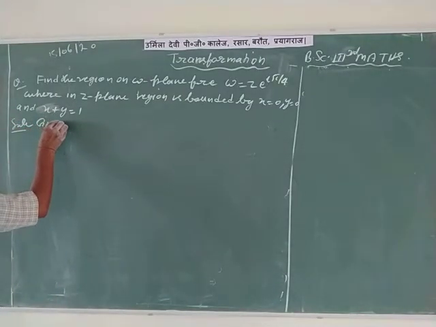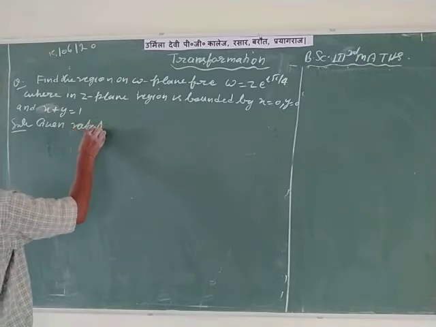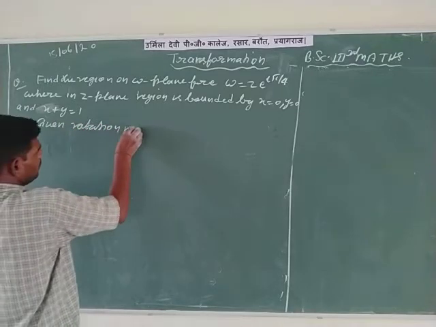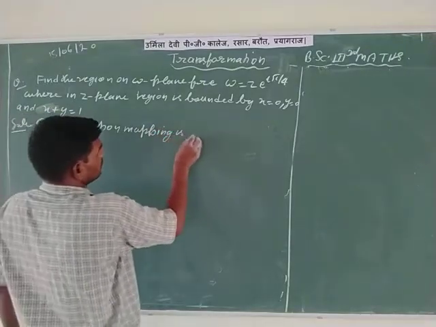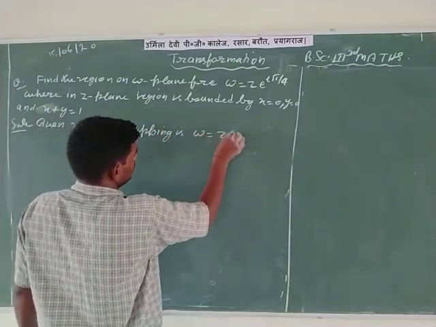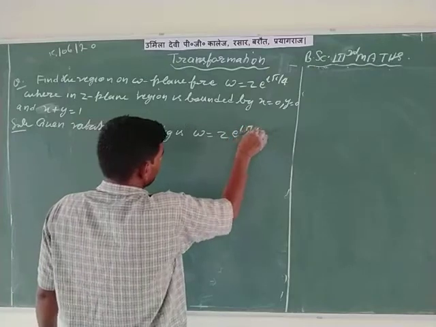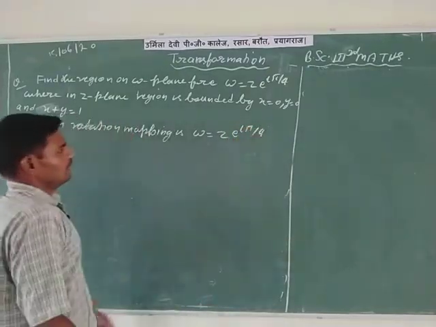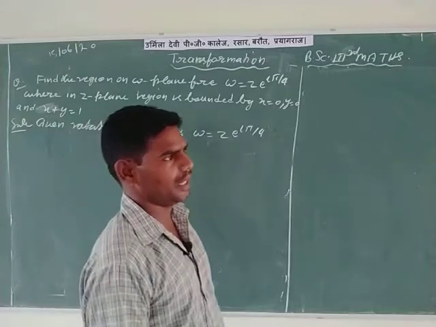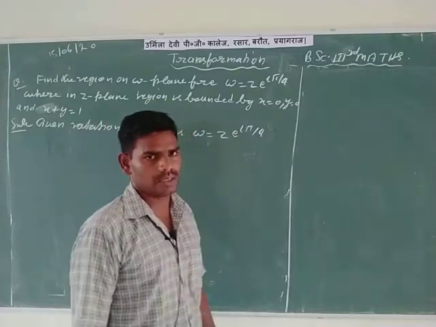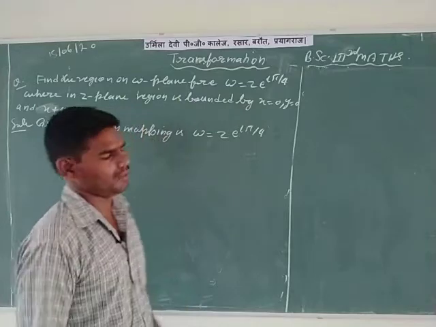Given rotation mapping is W is equal to Z e to power i pi by 4. Here, putting the value of W as u plus iv, and Z is also a complex number, so Z is equal to x plus iy.